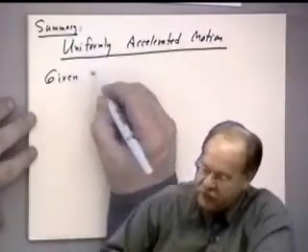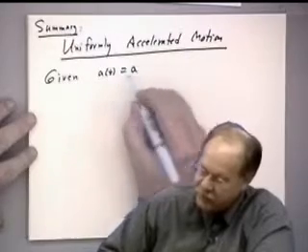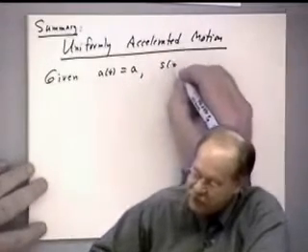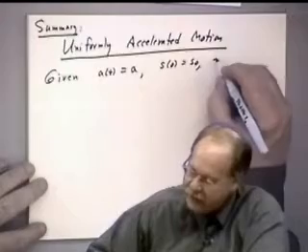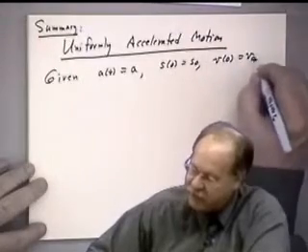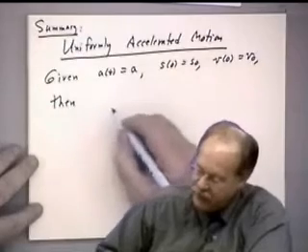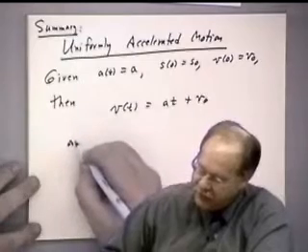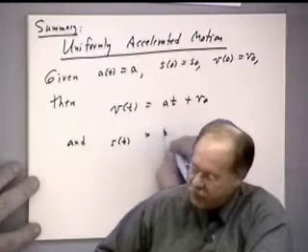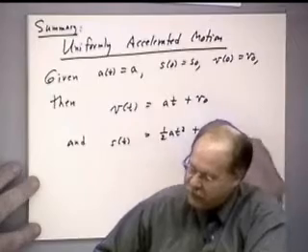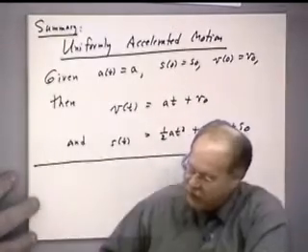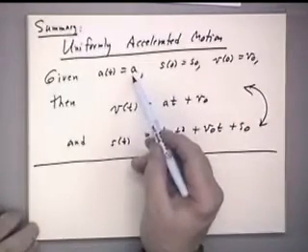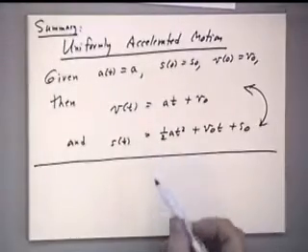In this situation, if you are given that the acceleration is a constant, as we've written here, a, if we're given the initial value for the position to be s naught and an initial value for the velocity to be v naught, then the velocity will be, as we discovered on the previous pages, at plus v naught, and the position function s of t will be 1/2 at squared plus v naught t plus s naught. So both of these are derived from this single constant acceleration using the calculus.